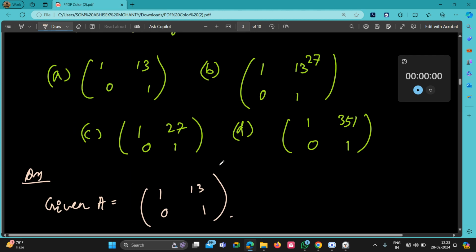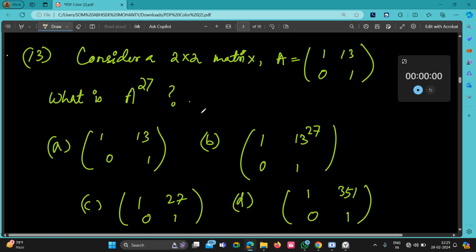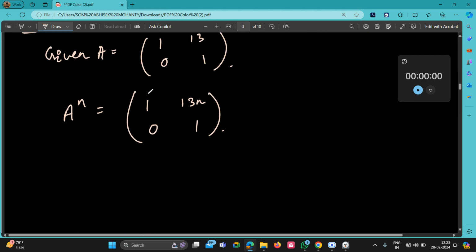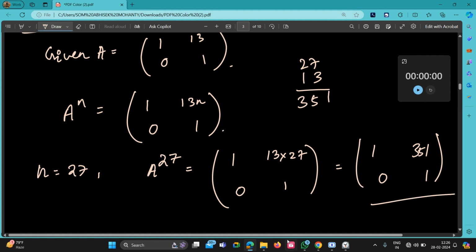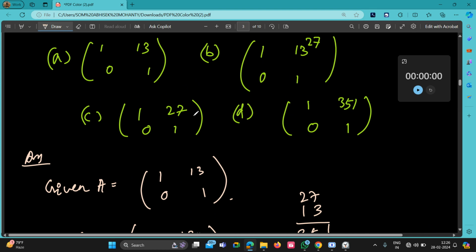So here, what is your n? It is A to the power 27, right? So n is equal to 27. So A to the power 27, just put the value of 27 here. 13 into 27 is, 27 and 13 is how much? This is 8, 7, and 15. Okay? That is the one. This is the answer. So if you see the options, option D is the correct answer.